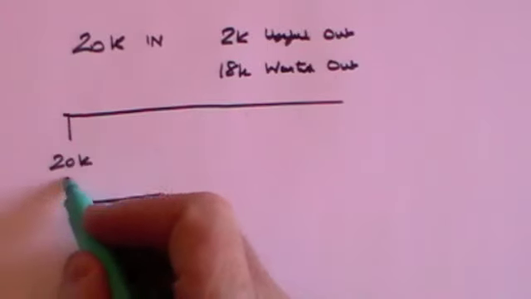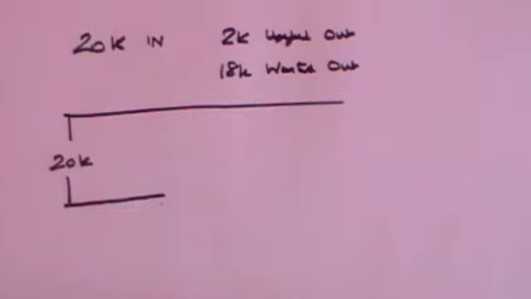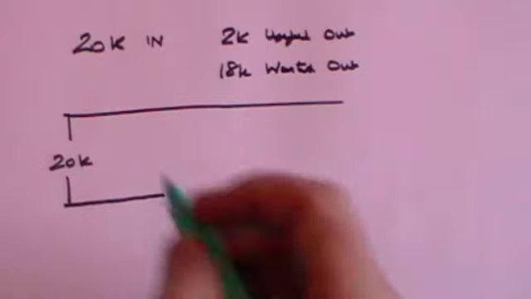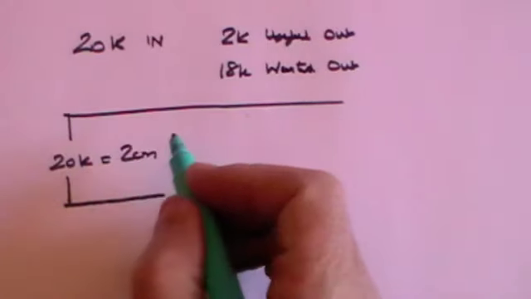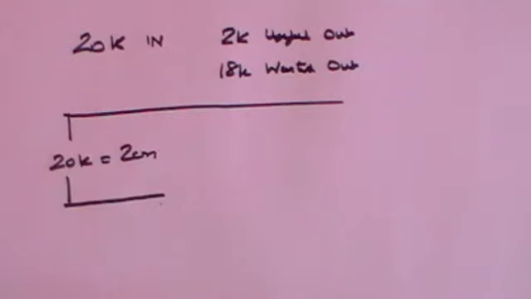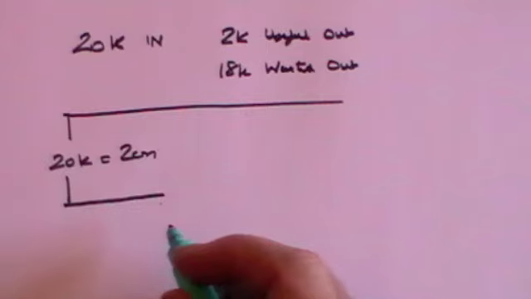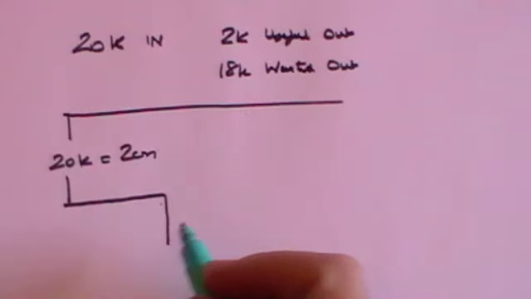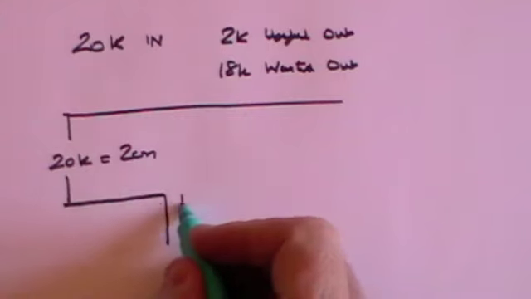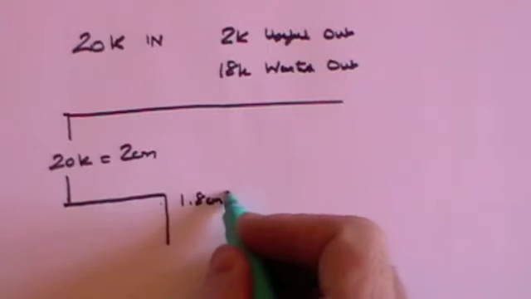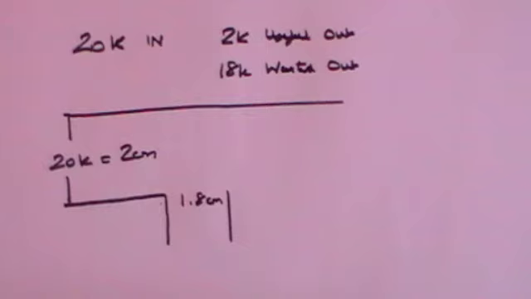So you'd have a scale, you might say 2 centimetres would be representing the input. Then you need a wasted amount, which would be 18k. Well, on that scale, that would be 1.8 centimetres. So you would draw an output that would be 1.8 centimetres wide, and that is your wasted heat.